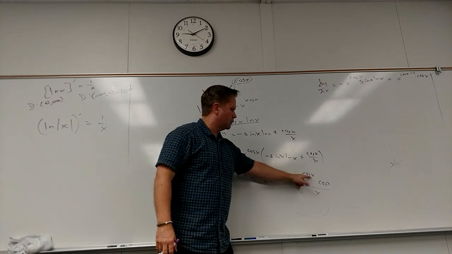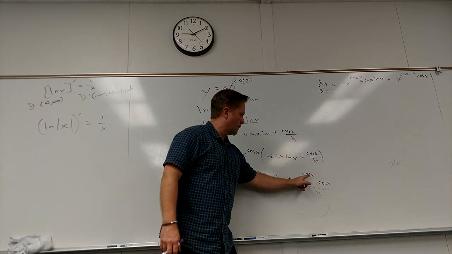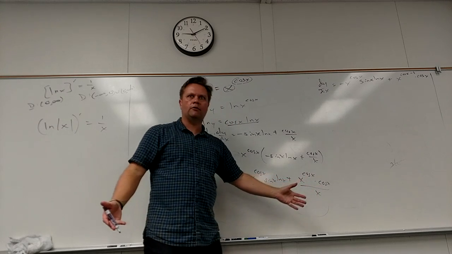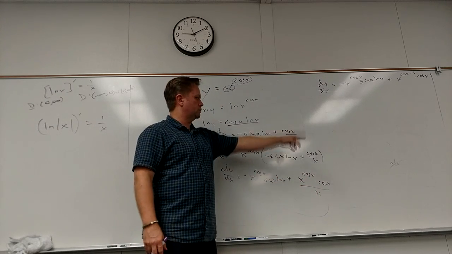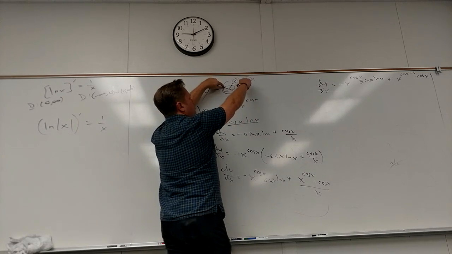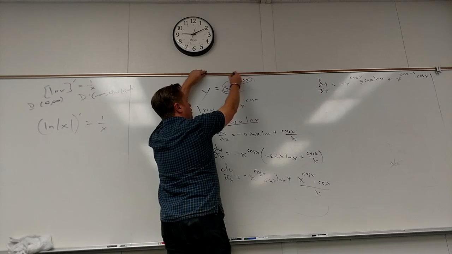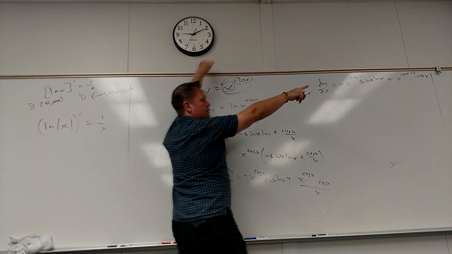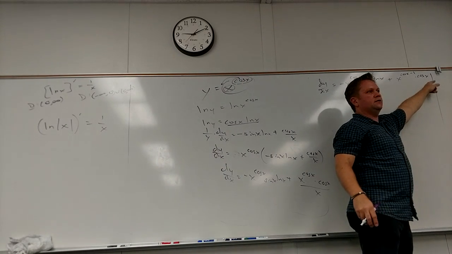What's x to the power divided by x to the first? That's the power minus 1, right? You subtract the power. So it's x to the cosine x minus 1 times cosine x. So if I look at this as x to a constant, wouldn't I bring the cosine down and then subtract 1?